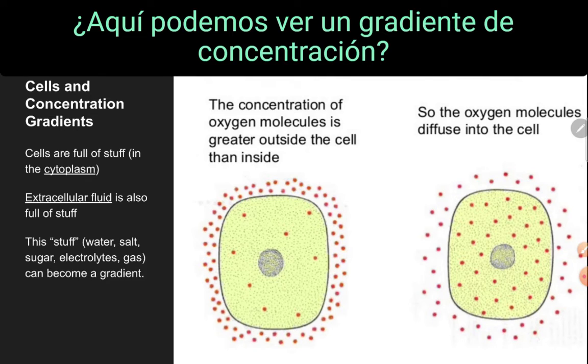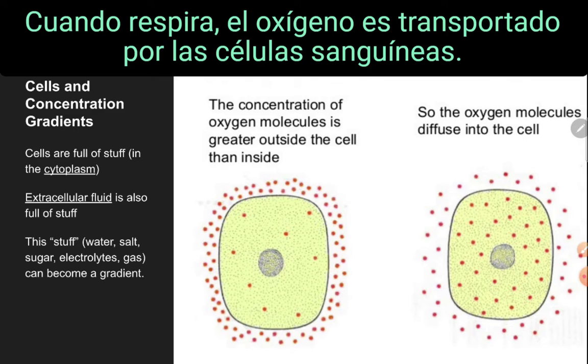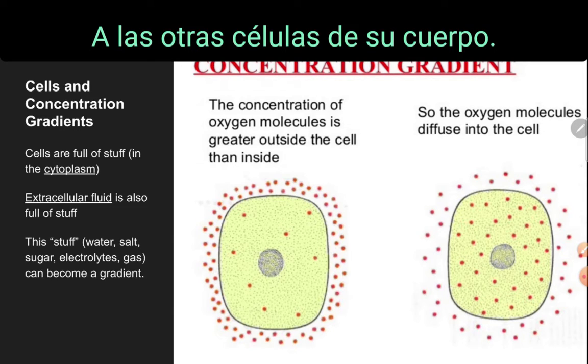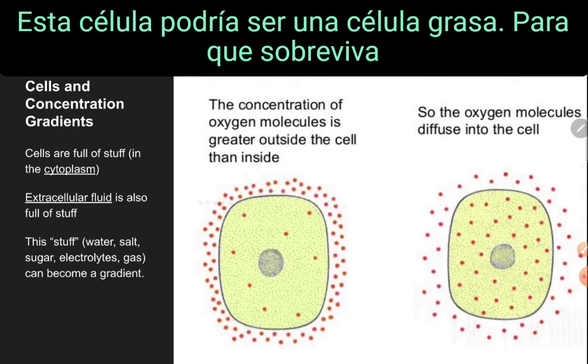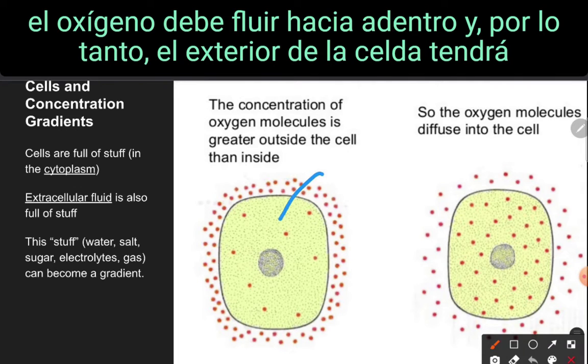Here we can see a concentration gradient. When you breathe, oxygen is carried by your blood cells to your other cells in your body. This cell could be a fat cell. In order for it to survive, oxygen must flow in.